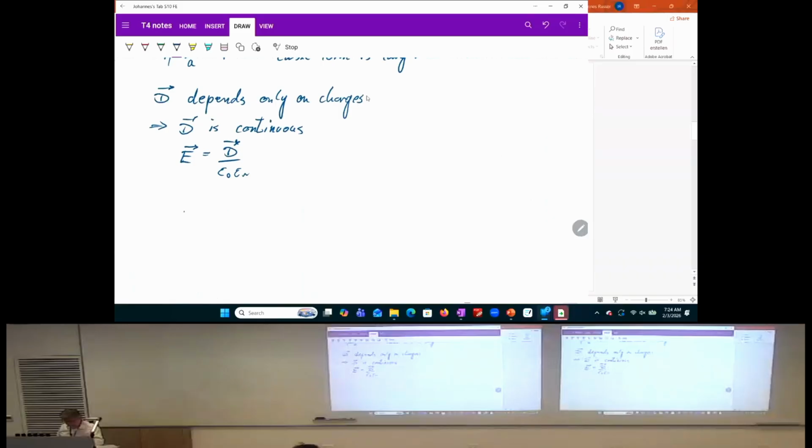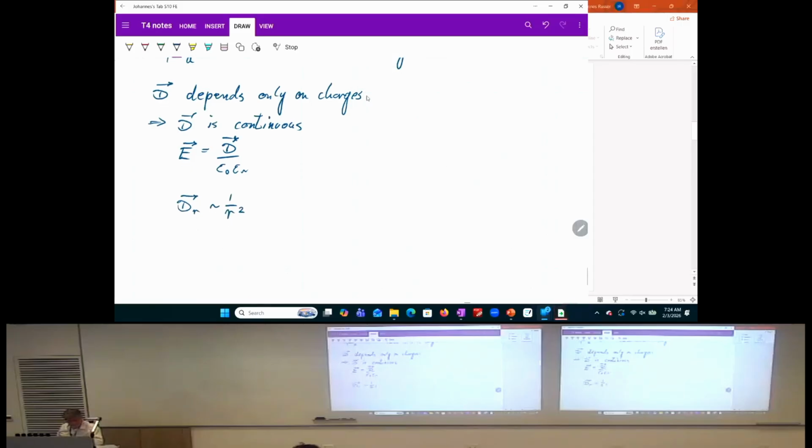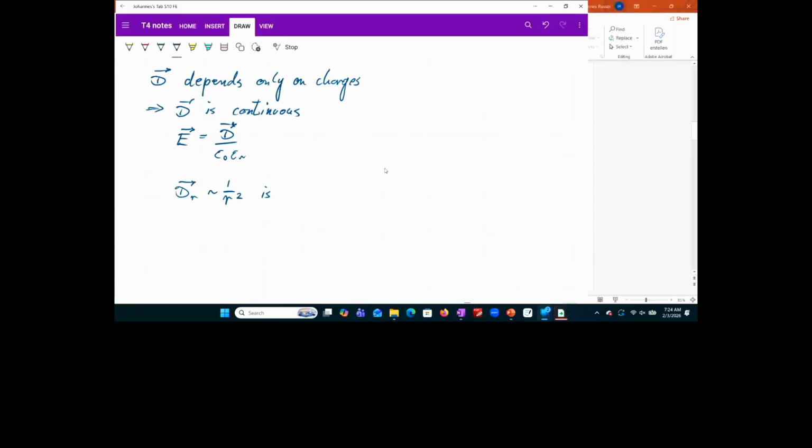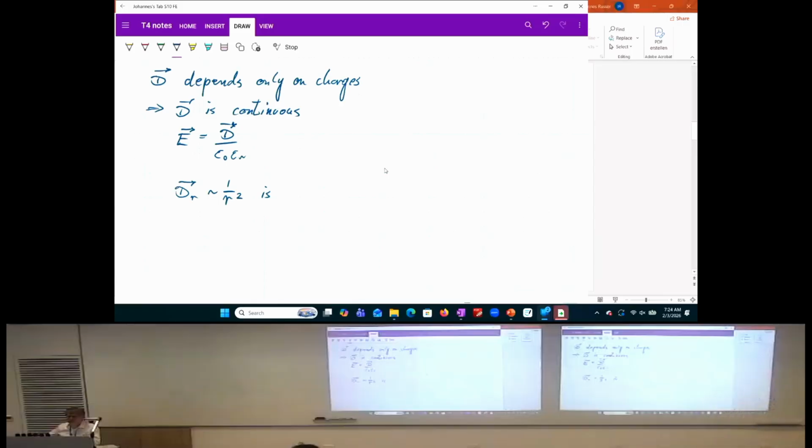And also you see that the D field is decaying with 1 over R squared for large R. That is just similar to the case where you have the field of a point charge, because if you zoom out from a very large distance, the charge distribution will amount to nothing else but a point charge.